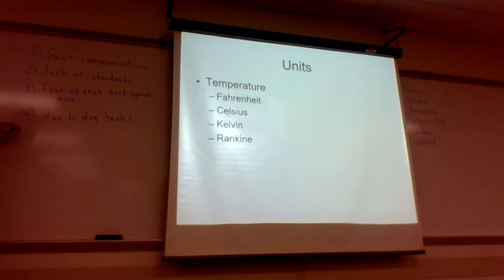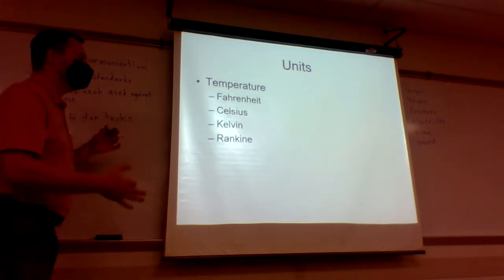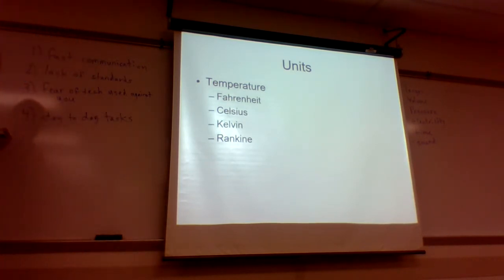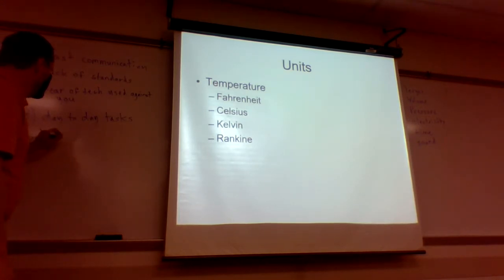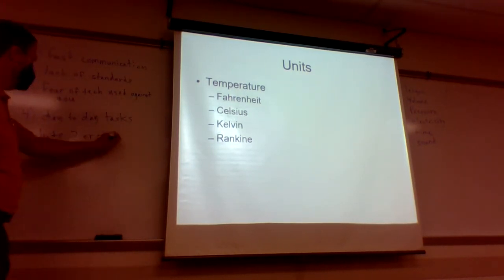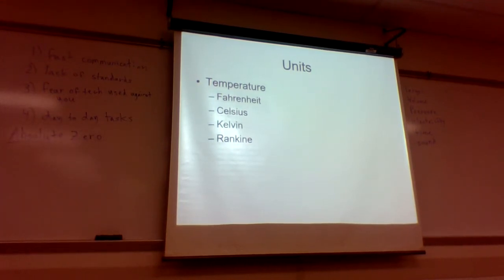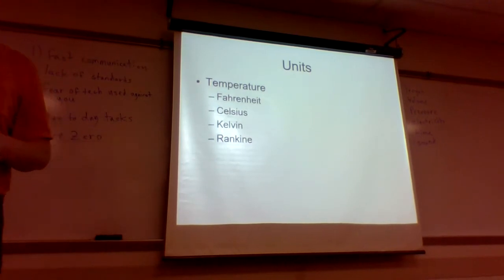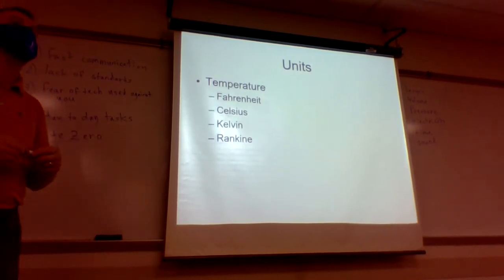There are these other two scales. If you've had chemistry or physics, you've probably encountered Kelvin. Kelvin is what we call an absolute scale because there's a limit as to how low the temperature will go. That's called absolute zero. Kelvin does not have negative values, whereas Fahrenheit and Celsius do.